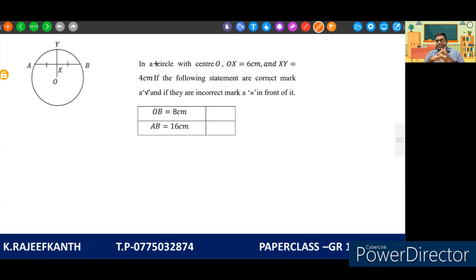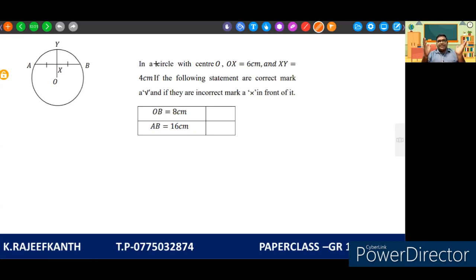At the last class, I explained that theorem. Here AB is a chord, O is the center, and X is the midpoint of that chord. So if we join the center and the midpoint of the chord, that line will be perpendicular to the chord. So you can mark that angle as 90 degrees.